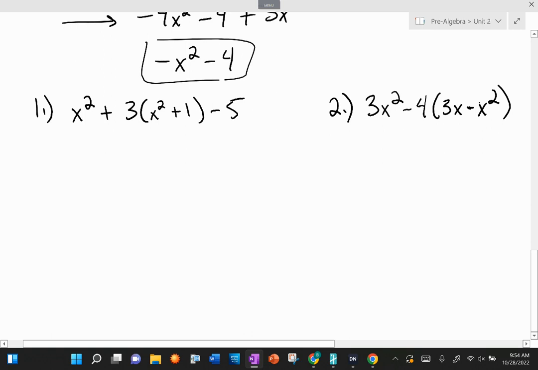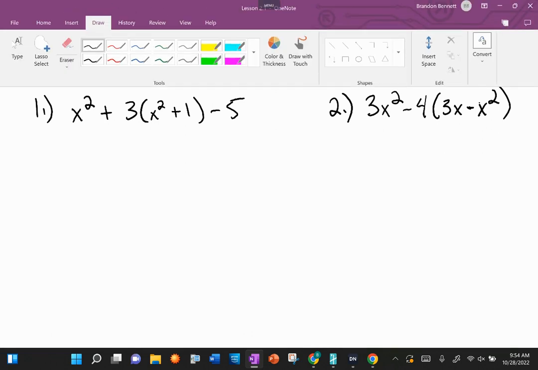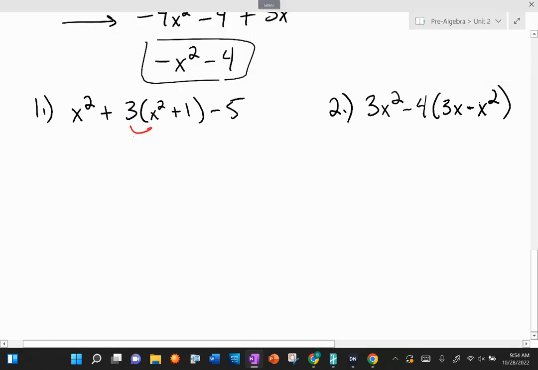Okay, let's go over number 1. We got x squared plus 3 times x squared plus 1 minus 5. What do I need to do first? Distribute. So that gives me x squared plus 3x squared plus 3 minus 5.